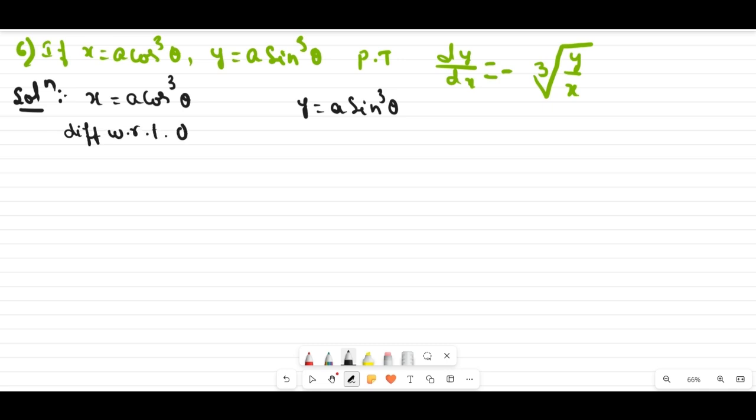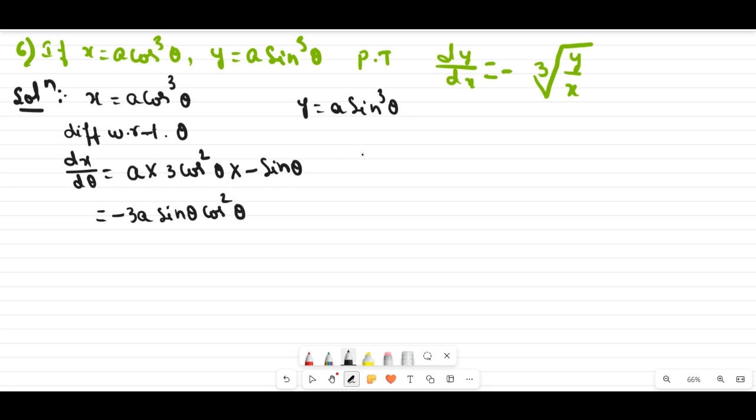So what will we get? dx by d theta is equal to a, the constant, kept as it is. The derivative of cos cube theta is 3 cos square theta, the power is over, now we should differentiate the function cos theta. The derivative of cos theta is minus sin theta. Finally, minus 3a sin theta cos square theta.